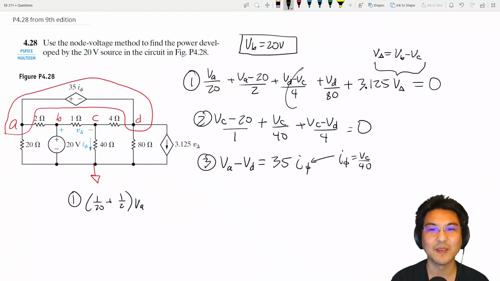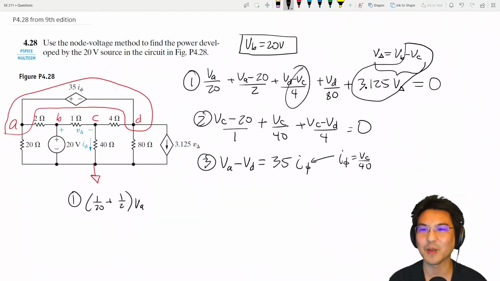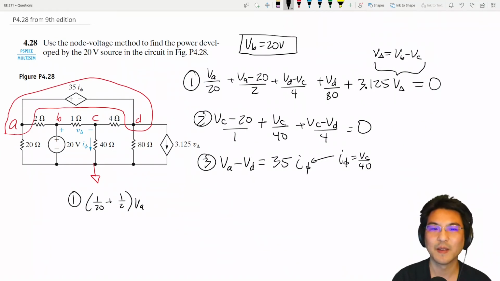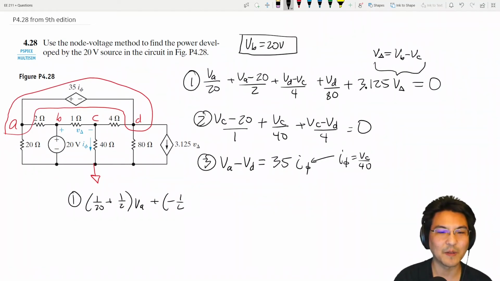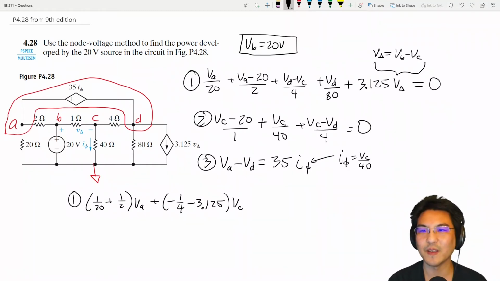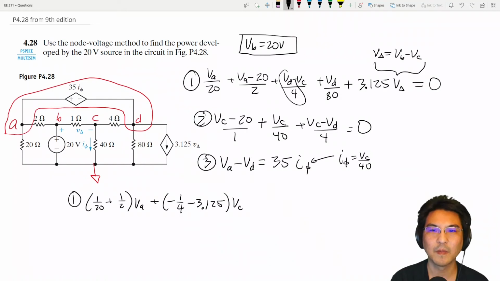Okay, VC, minus 1/4 minus 3.125. Okay, and then VD here, 1/4 and 1 over 80.